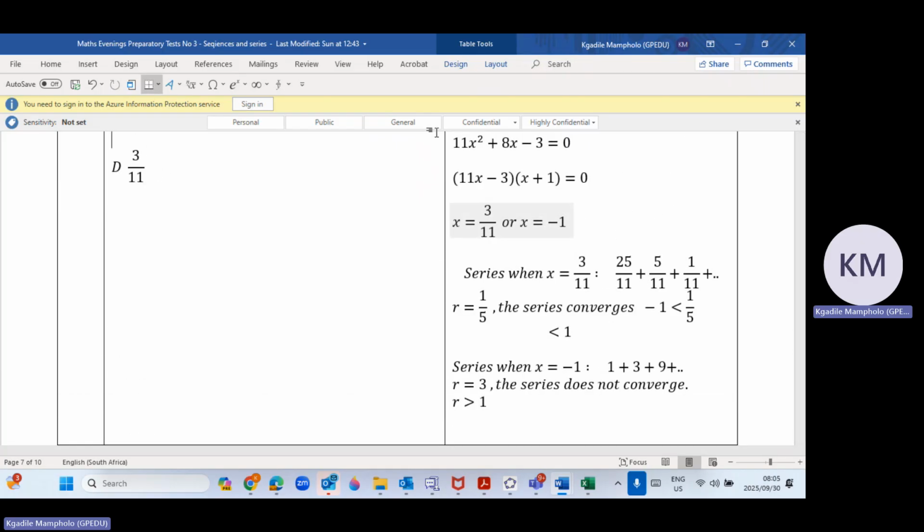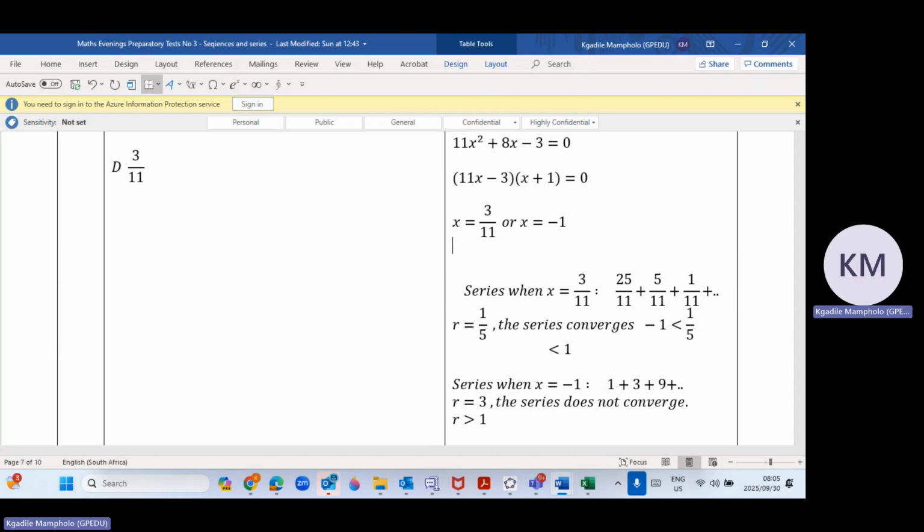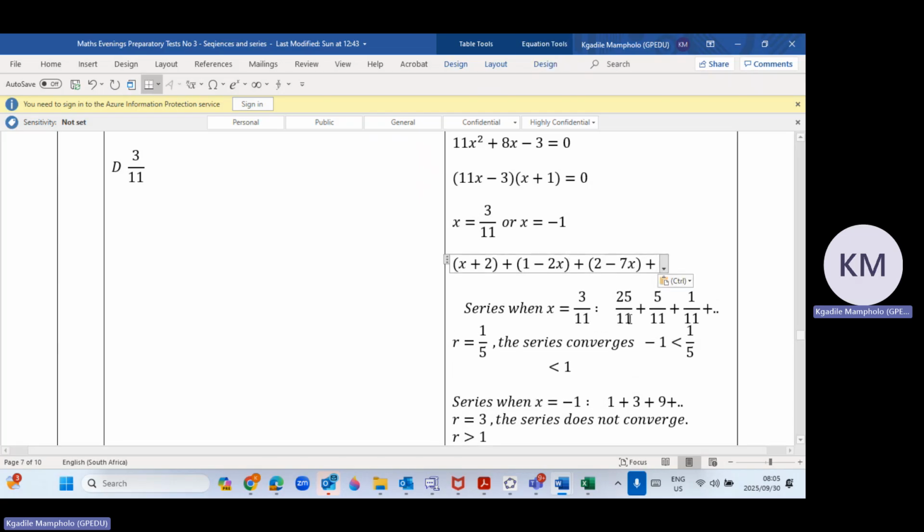First, substitute x as 3 over 11. So 3 over 11 plus 2 gives 25 over 11. 1 minus 2 into 3 over 11 gives 5 over 11.